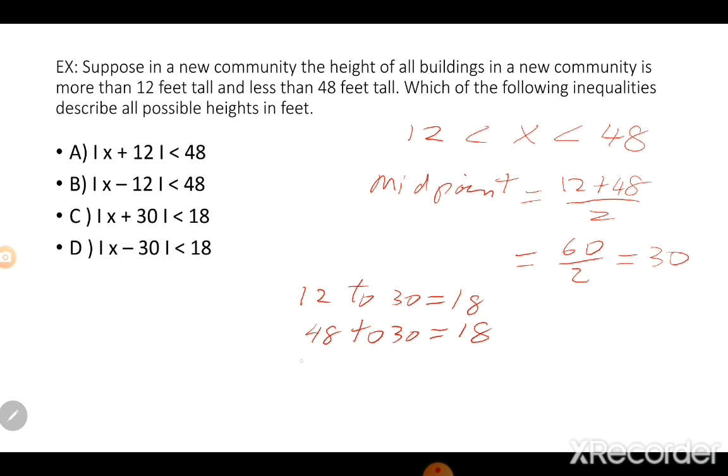So now we know using the absolute value, we're going to have x minus that midpoint, and then we're going to say it's less than that distance. So, sorry, the midpoint was 30. So let me correct this. So midpoint of 30 and the distance 18. So the midpoint goes inside here. This is our midpoint. Okay, so out of the choices, the one that matches would be D, right?